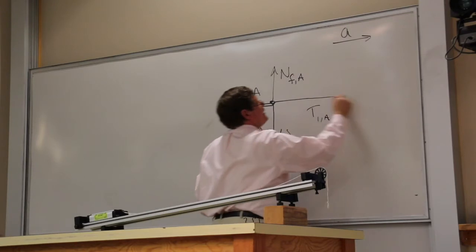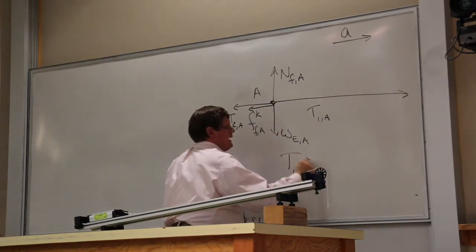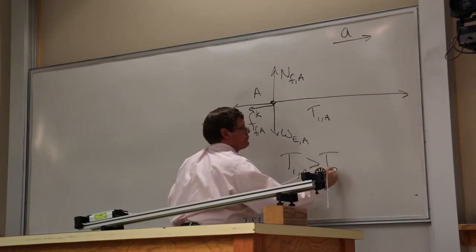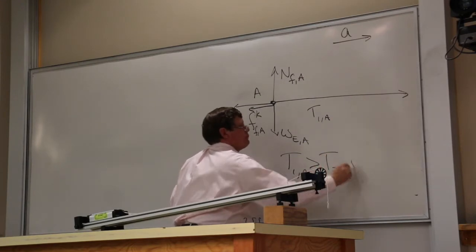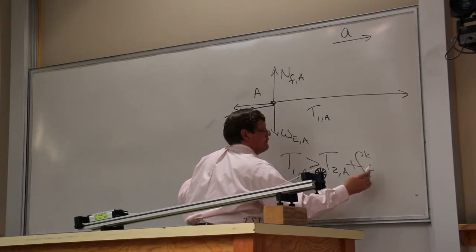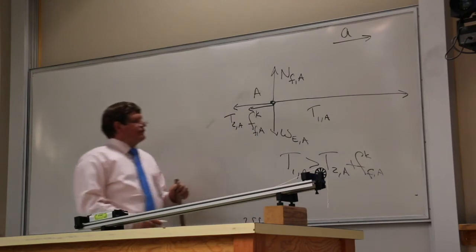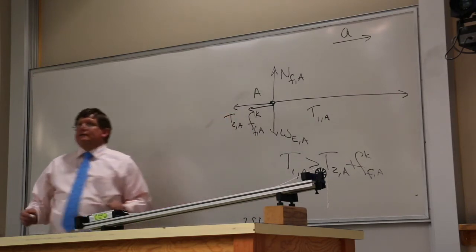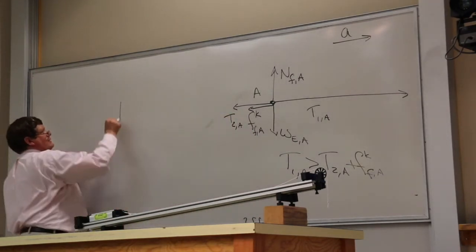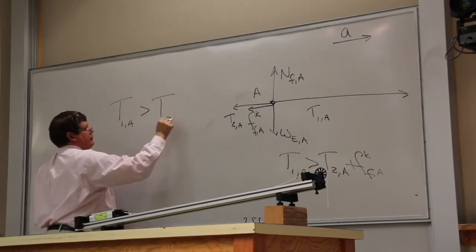That means this tension force by 1 on A has to be bigger than the tension force by 2 on A, plus the friction force of the floor on A. It's got to be bigger than these two combined. And so that tells me that the tension by 1 on A is greater than the tension by 2 on A.